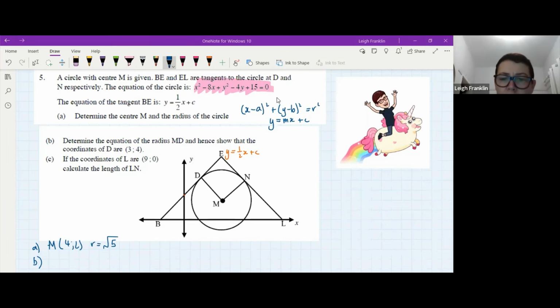So DM is a straight line, so you're going to work out the equation in the form y = mx + c, just like you would find the equation of any straight line. You have to work out the gradient and the y-intercept. Kulani, yes, the coordinates of D are (3, 4), 100%. But how are we going to get the equation of radius MD?